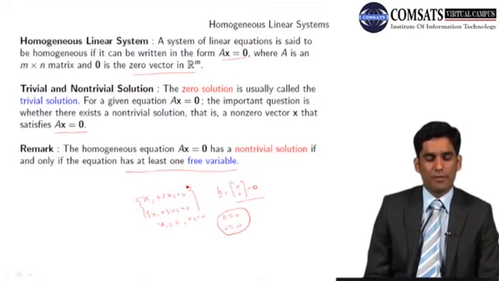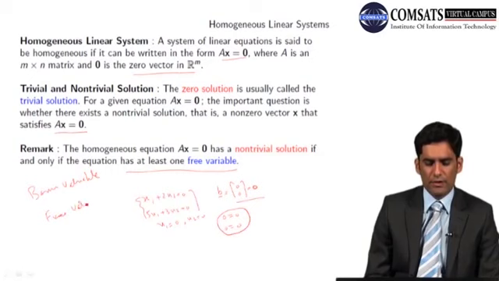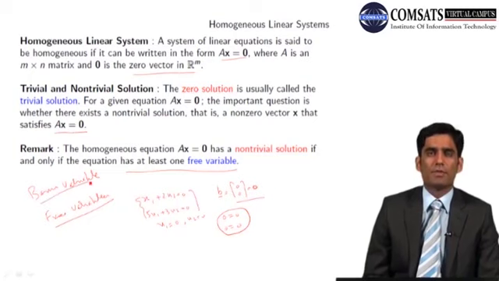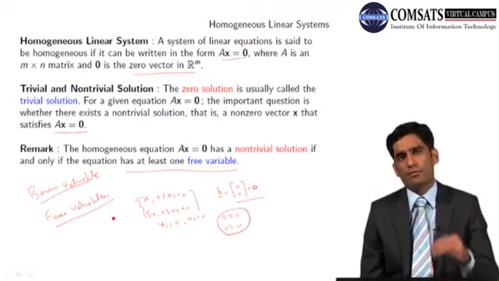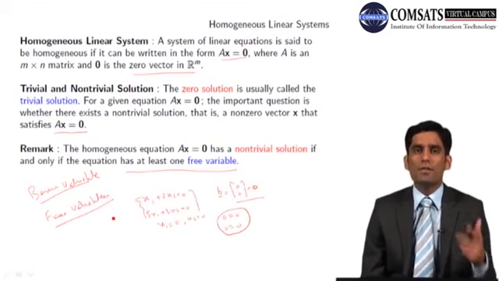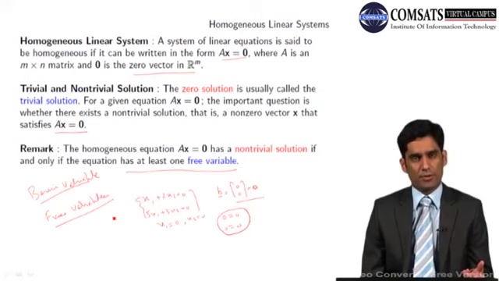If you remember, we have defined the variables as basic variables and free variables. Free variables are those variables which can take any value from the set of real numbers, and basic variables are expressed in terms of free variables, and we always have a free variable whenever we have infinitely many solutions.